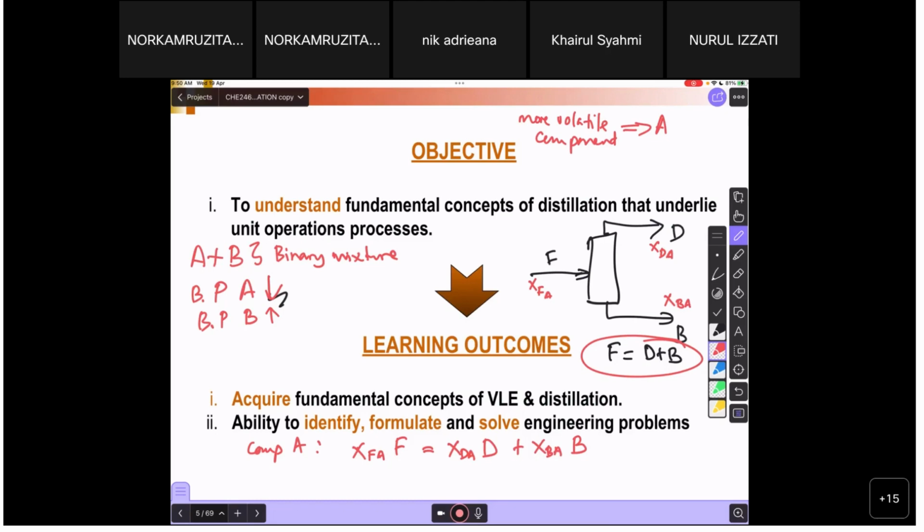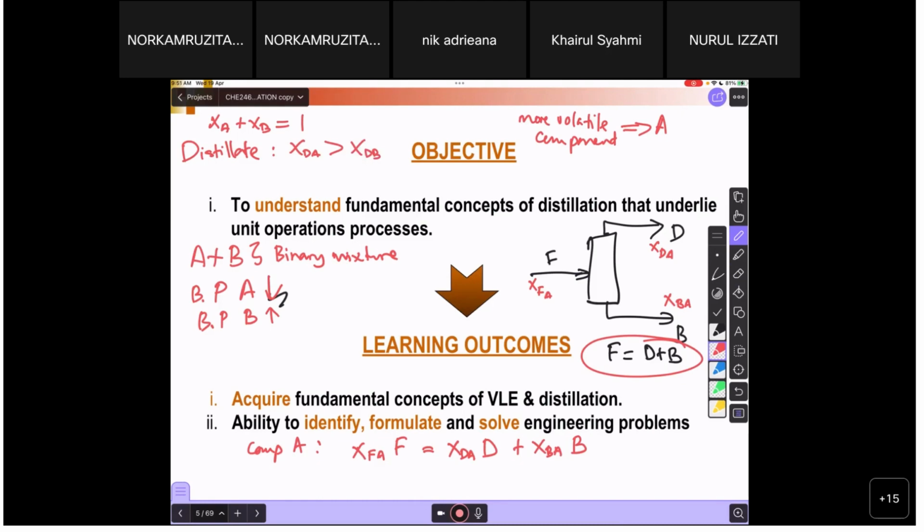Remember you learned about mass or mole fraction: mole fraction XA plus XB always equals 1. For the distillate, you get more component A. To avoid misunderstanding, at your distillate, XDA must be greater than XDB.